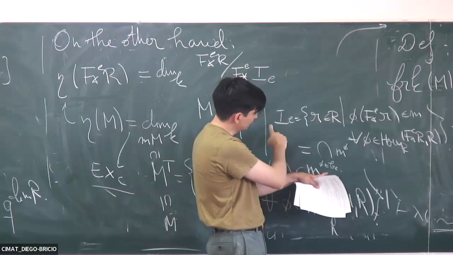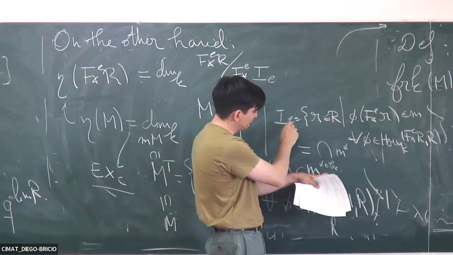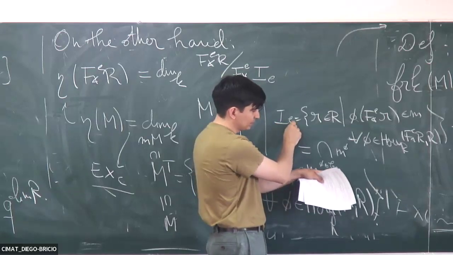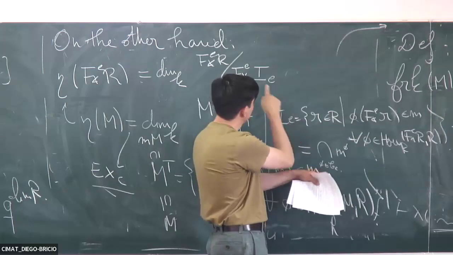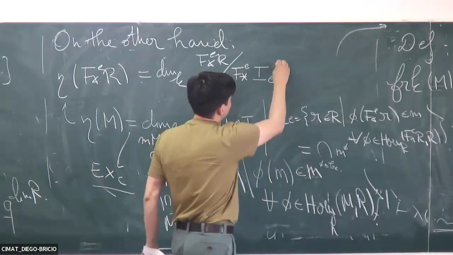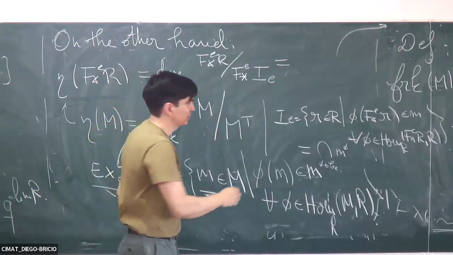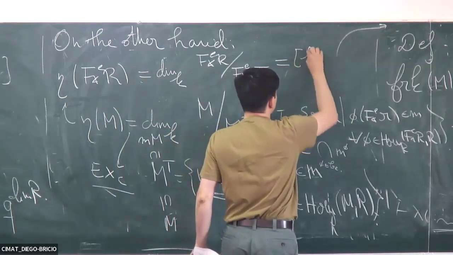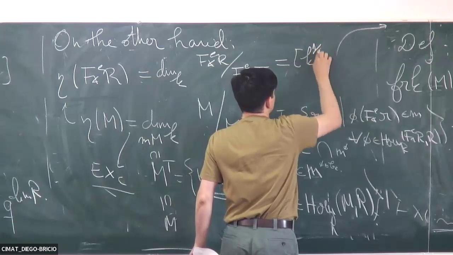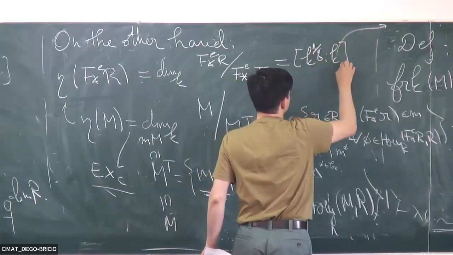Okay? So I'm just looking at every specific one, or every single one of them. Okay? So that's what goes here. But then I can remove the Frobenius push forward here, which I'm going to let you do as an exercise. So by basic algebra, this is going to be this.